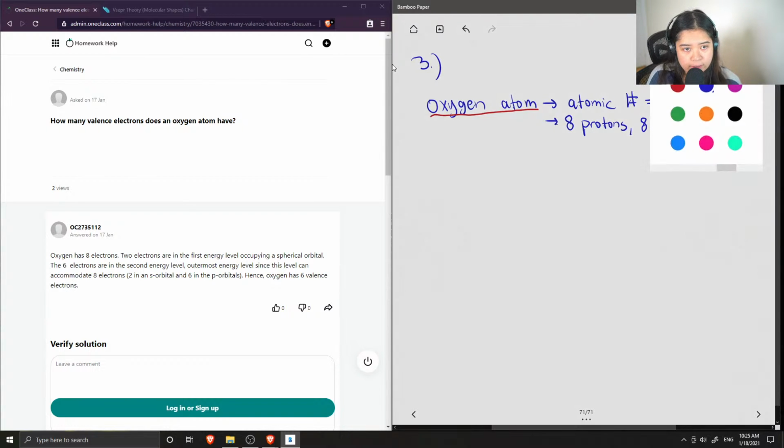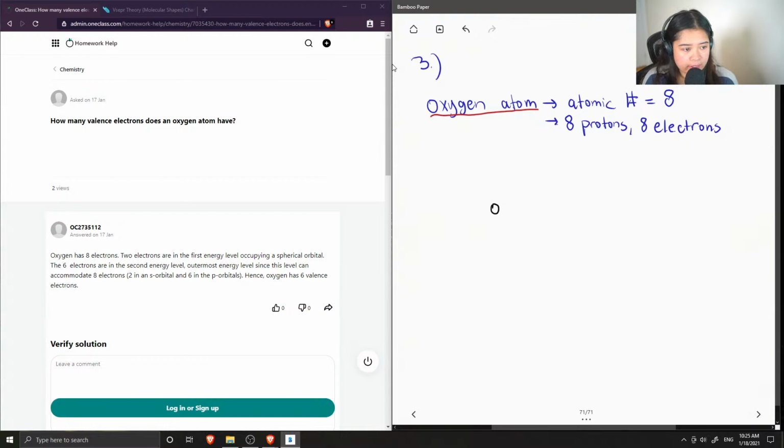So now that we know that oxygen has 8 electrons, we can try to sketch out an electron diagram showing all of those electrons in oxygen. So there are 2 in the innermost shell.